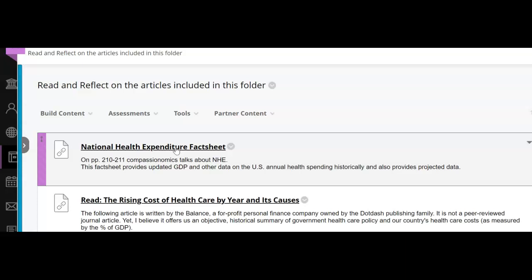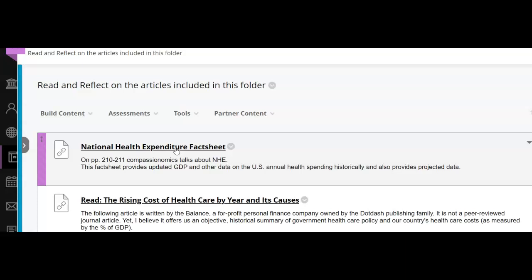2021. And finally, what does that mean if you bring the numbers down to individuals? In 2016, it meant that we spent $10,348 per person. And in 2021, that number went up to 12,914 per person.